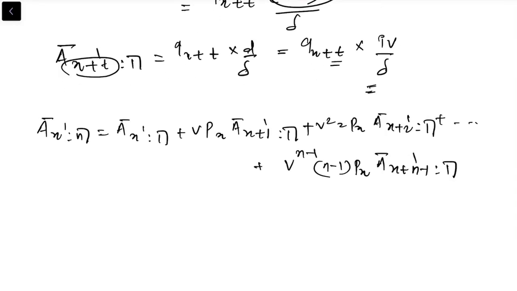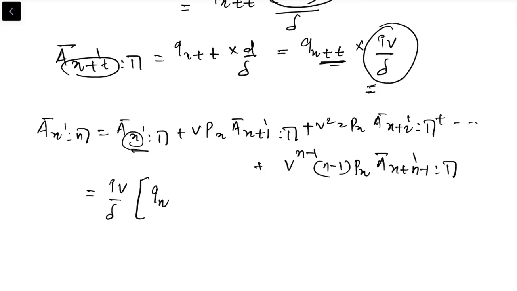Now we can put this result in the first term. So this is iv by δ. I'm going to take this as common from all of these terms, and then instead of x plus t we have x, that is t equals 0. So this is q_x + v p_x q_{x+1}, right?